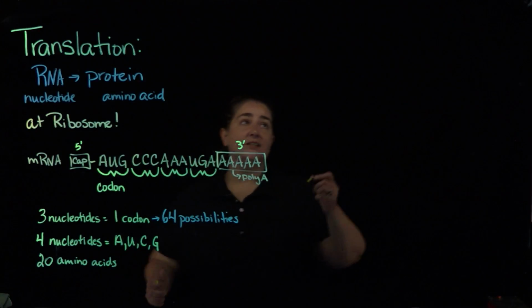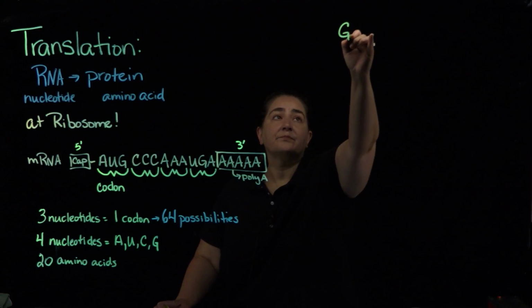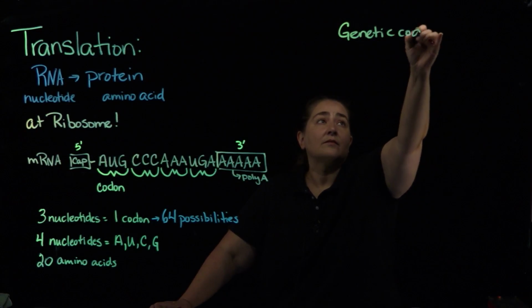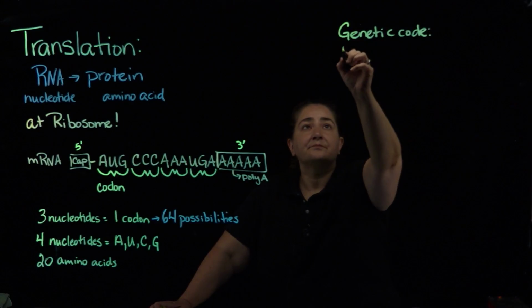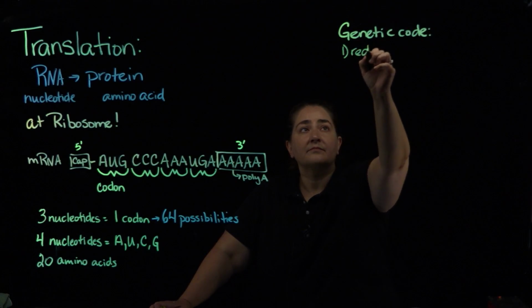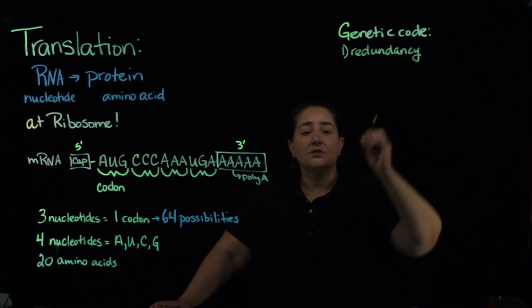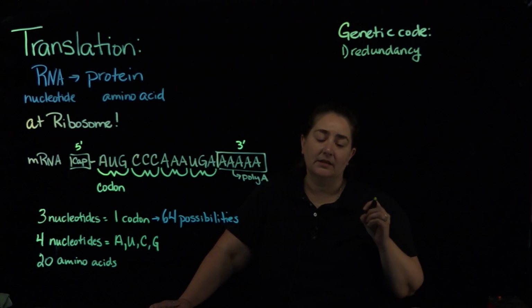Now you'll notice with that genetic code there's going to be what's known as some redundancy in there.